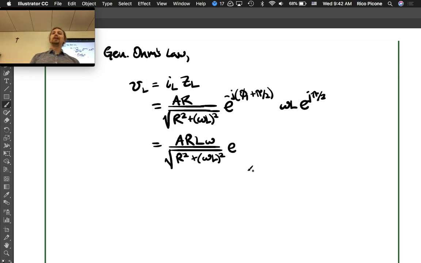So we have a plus pi over 2 and a minus pi over 2. So we just get a minus j phi 1. And that's the phasor form of our result, right? So depending on what's asked, this could be the answer you give. I don't know why I can't draw a straight line today.